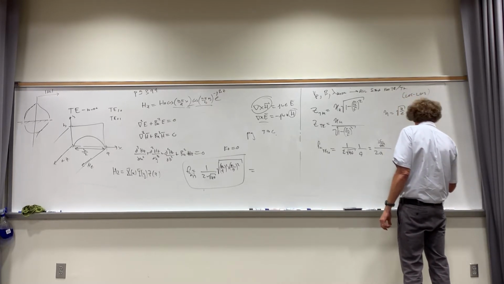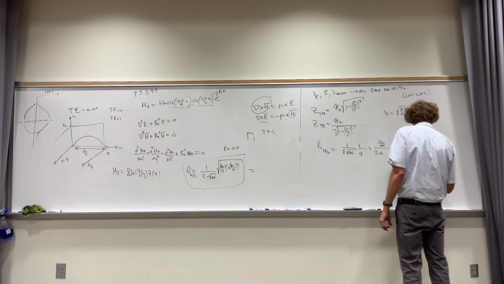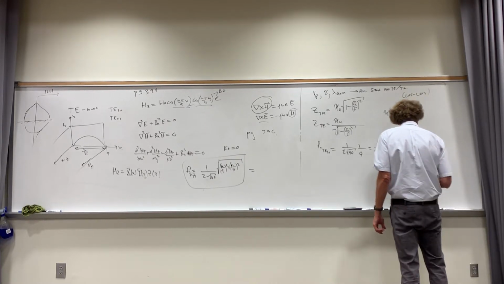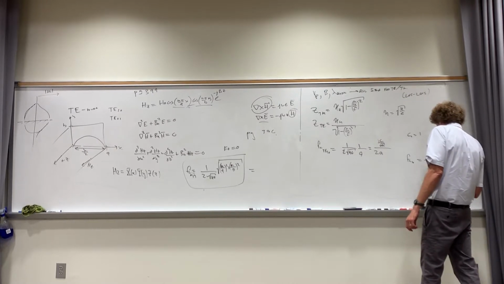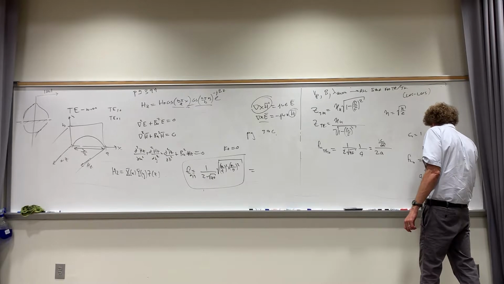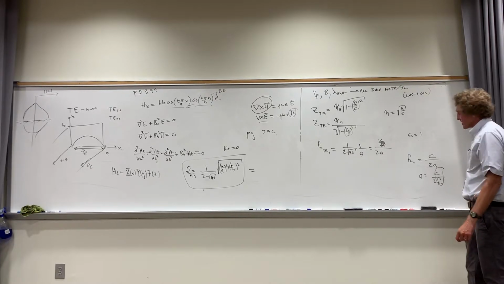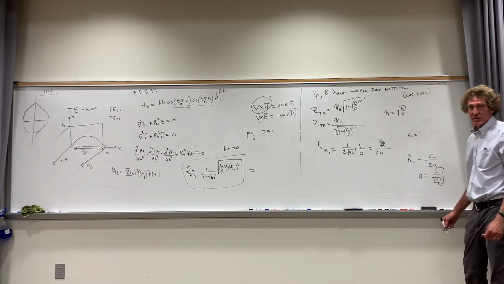So I have C/2A equal to the cutoff frequency for the 10 mode. And that means that A would be equal to C/2f_c. And C/f_c is the wavelength, divided by 2, so it would be exactly half a wavelength. You all see this, class?